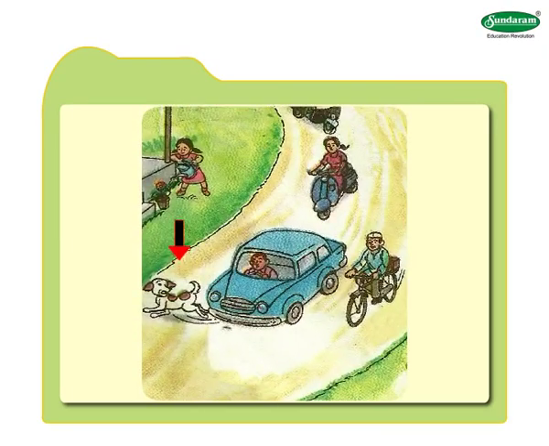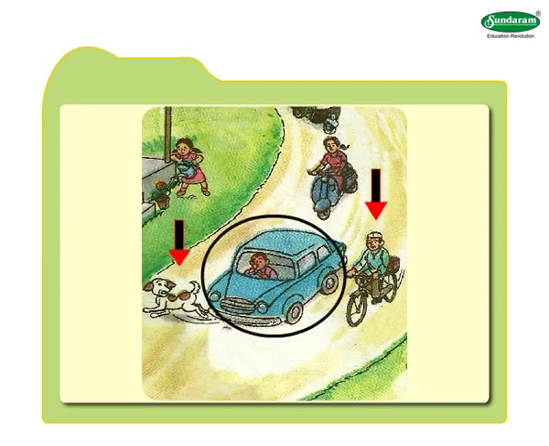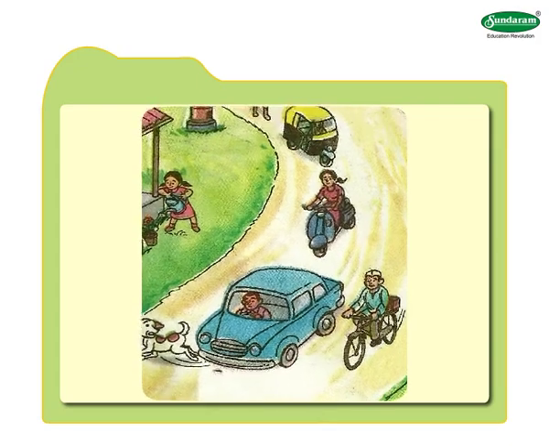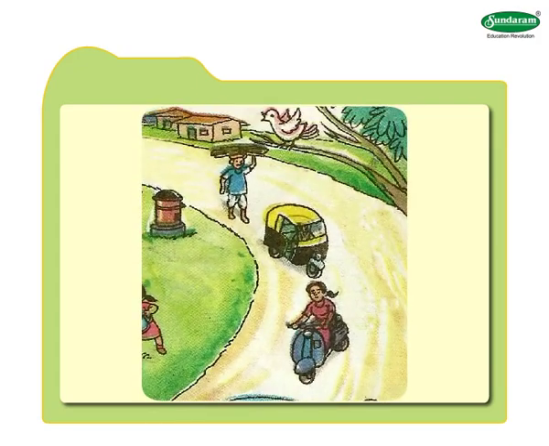The dog is seen to the left of the car, whereas the man riding the bicycle is seen to the right of the car. But with respect to the auto rickshaw, the girl driving the scooter is in front of the auto rickshaw.